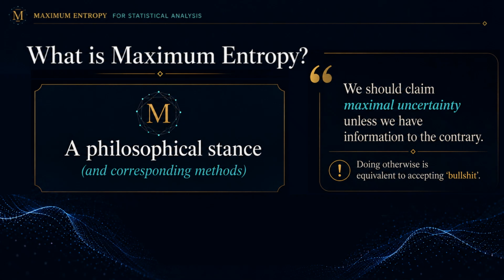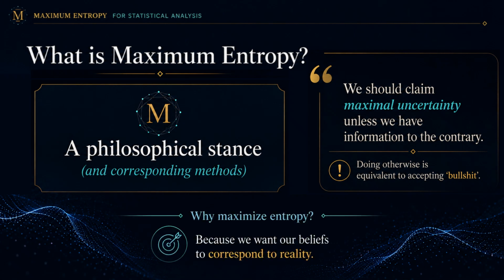And this answers the next question, which is, why do we want to maximize entropy in the first place? Well, it's because we want our beliefs to correspond to reality. And because there are many more possible false beliefs than true beliefs, we want to be very discerning about the things that we admit as knowledge, say. And maximum entropy gives us a way of doing this in a very rigorous fashion.